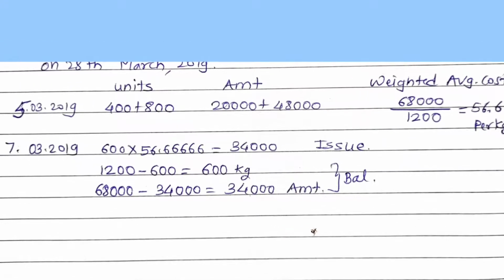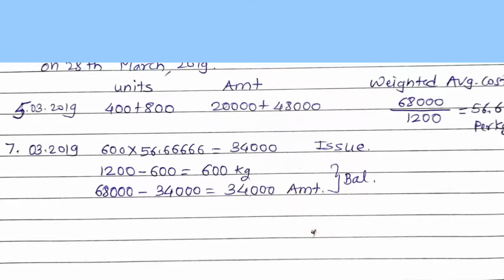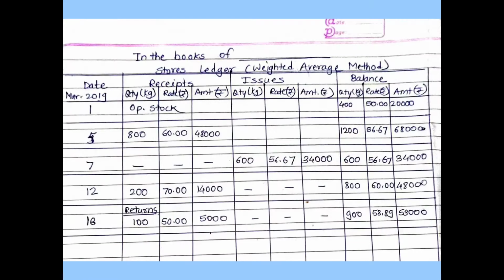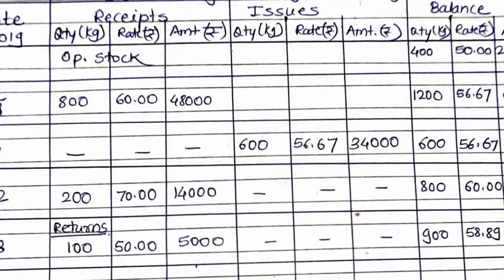First we will see how the issue is written. On 7th March, in the receipt column you put a dash. In the issue column, 600 into 56.67, amount will be 34,000.